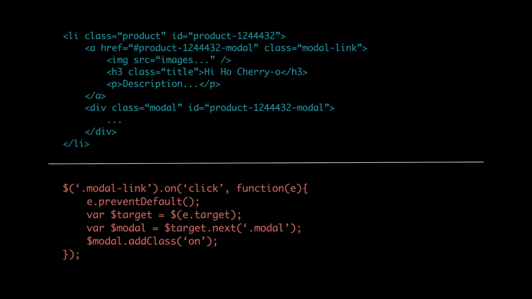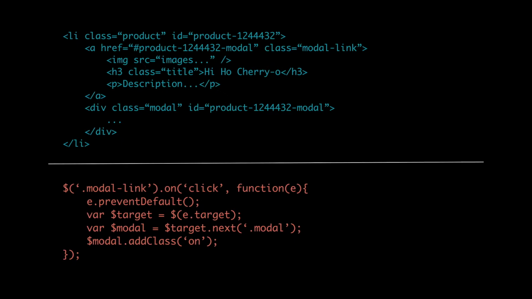Notice that when we listen for a click on something with a class of modal link, we have an all-in-one handler built in right here. So can you find the thing with a class of modal link? It's the A tag, right? So what we want to do is, as a result of clicking on that link, we actually want to open a modal window.